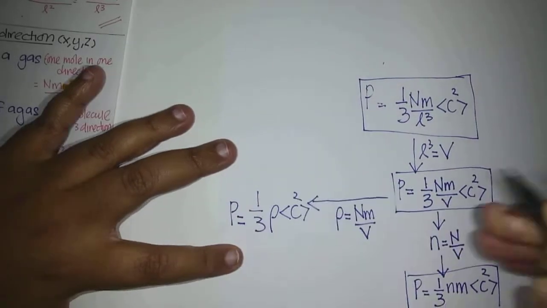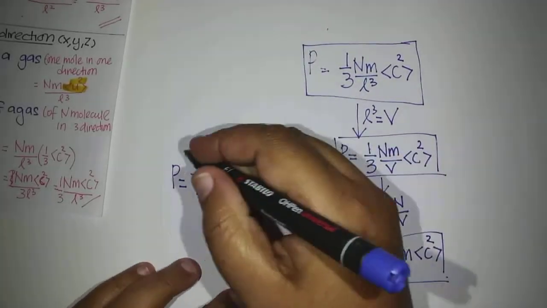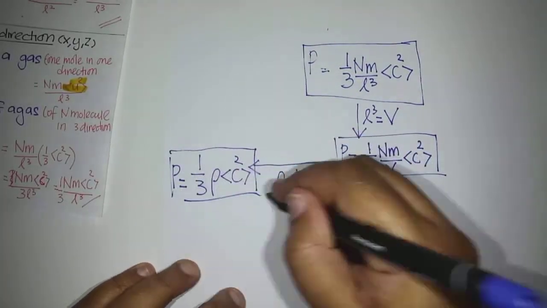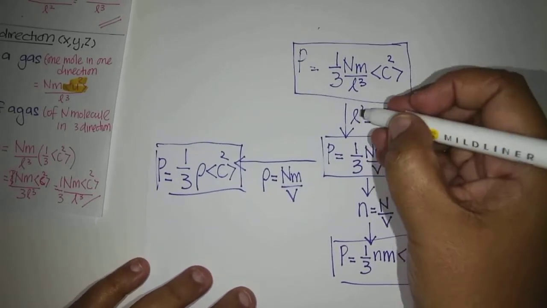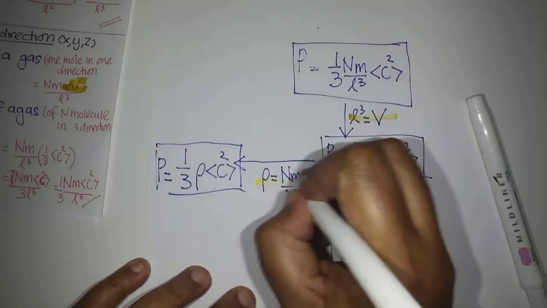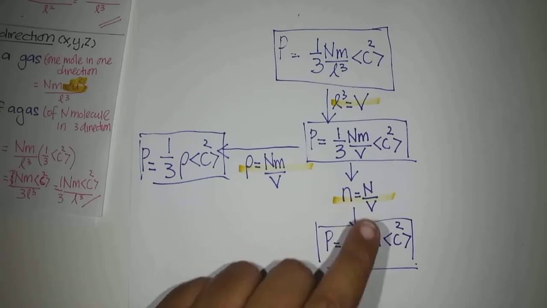So the pressure of a gas can be interpreted in three formulas. Please take note of this. Don't get confused with the small n, which is very important because it is the number of molecules per unit volume.